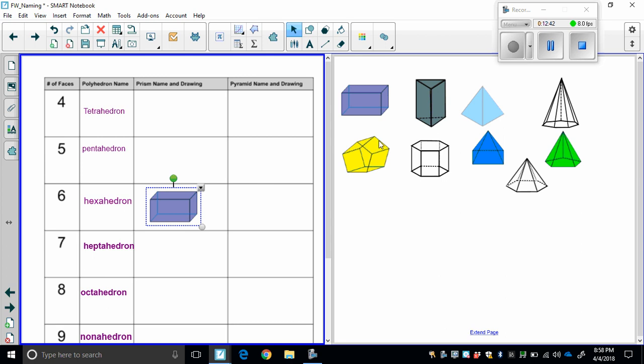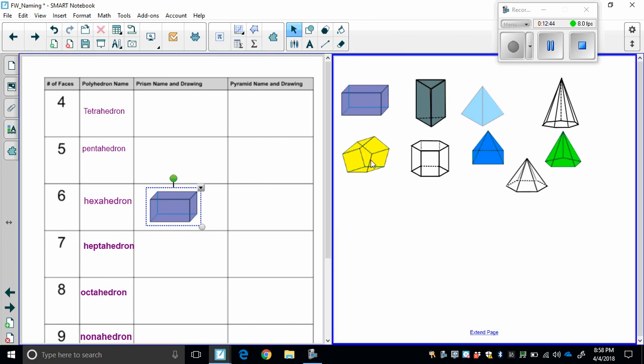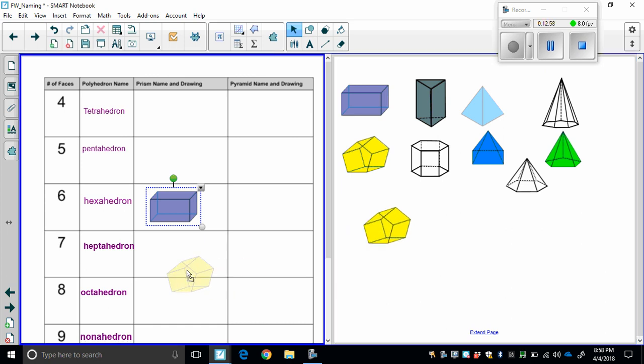So hexa is the prefix for 6, so it's a hexahedron. So kind of in that thinking, this right here has a pentagon base. So there's 2 of those, but there's 5 rectangles around, so the 2 bases and the other 5 lateral faces add up to 7. The prefix for 7 is hepta, so that's a heptahedron. And these are all the prisms that I'm putting on the left.